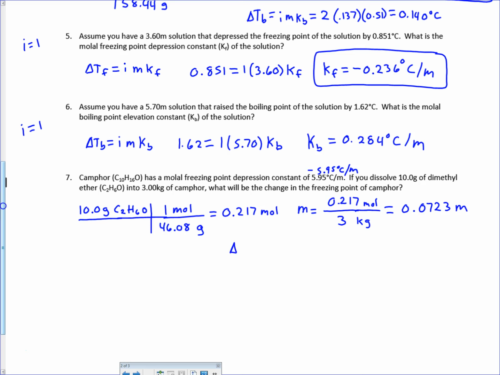Then the next thing we've got to do is calculate the change in freezing temperature. So delta Tf here equals i. I'm going to say the van 't Hoff factor here is 1 because our substance that we're dissolving here is this C2H6O. And all of that is nonmetals, it's covalent, it's not going to split up when you put it into solution. So i equals 1.